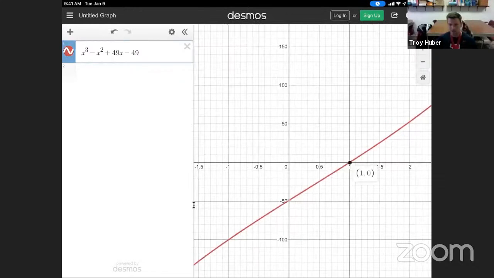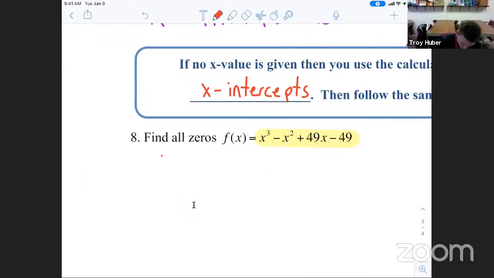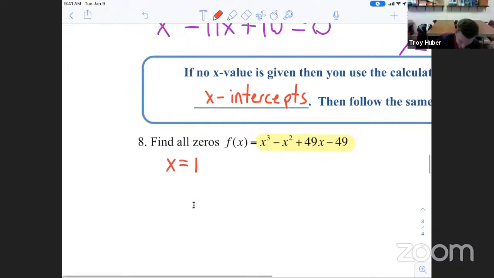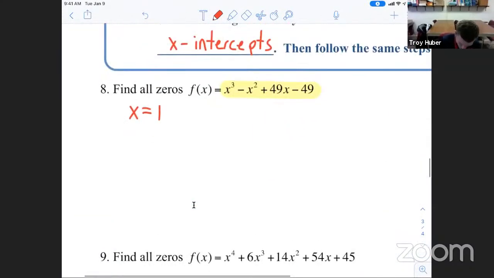So we find an x-intercept. So we have x equals 1. Now it's just like this problem right up here. So we put 1 on the outside of our synthetic division hut. We have 1x to the third, negative 1x squared, 49, and then negative 49.